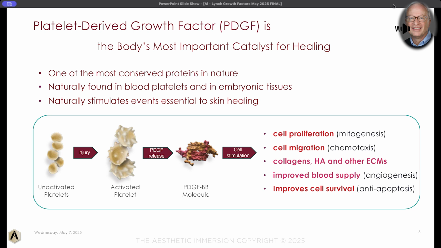So instead, what nature has evolved is to contain PDGF and growth factors inside the platelets. And what happens whenever you get a cut? Let's say you do microneedling or some sort of surgery, or you cut yourself in the kitchen, or you get a broken bone. It's all the same basic mechanism of action.